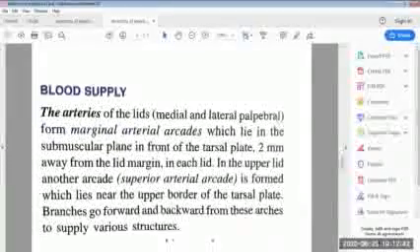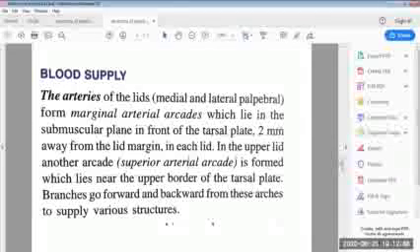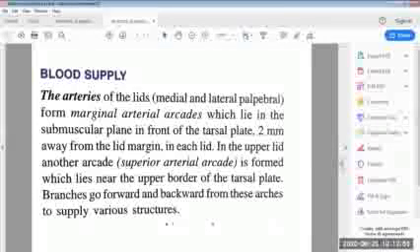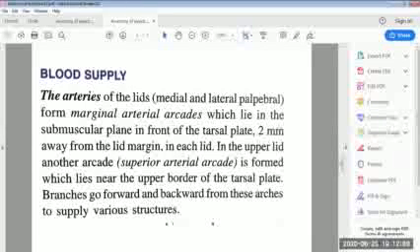Then comes the blood supply of the eyelids. Which arteries supply the eyelids? The arteries of the lids are the medial and lateral palpebral. They form the marginal arterial arcades which lie in the submuscular plane in front of the tarsal plate.